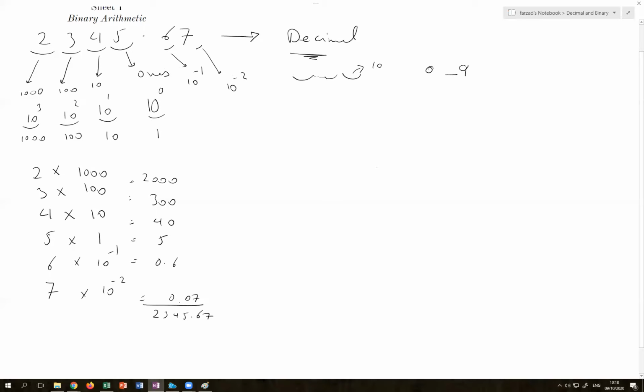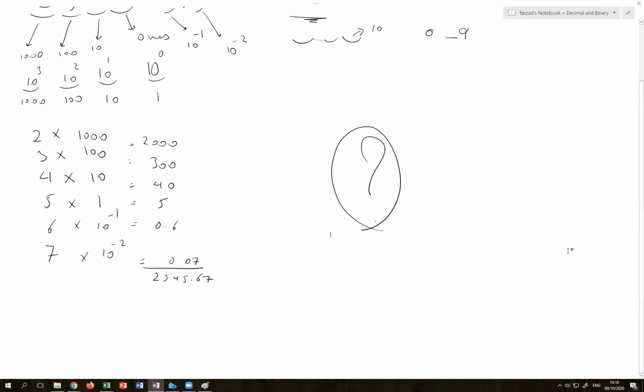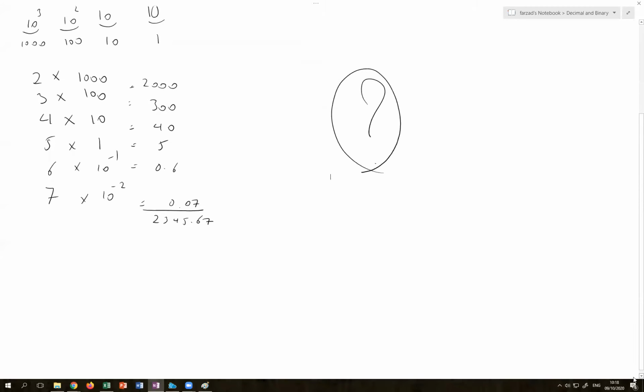But the question, can we use this system for computers? Can we use that for computers? No, we can't. Why can't we use that? Because computers work based on another system.